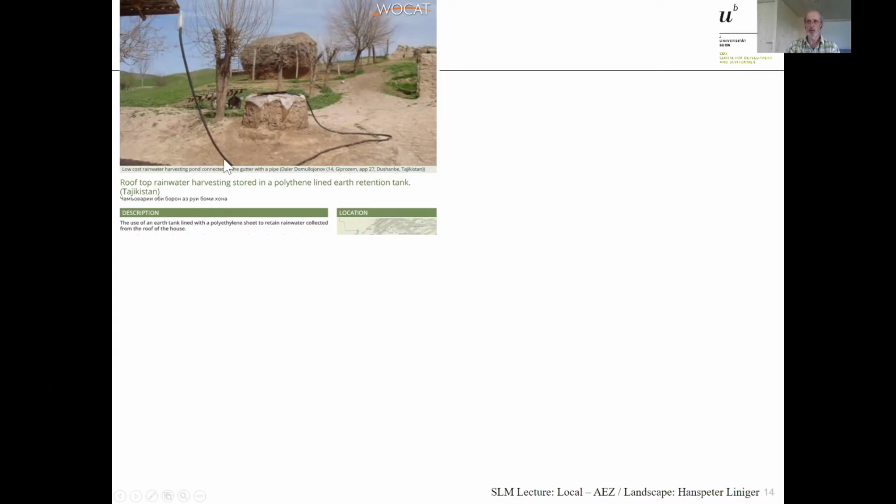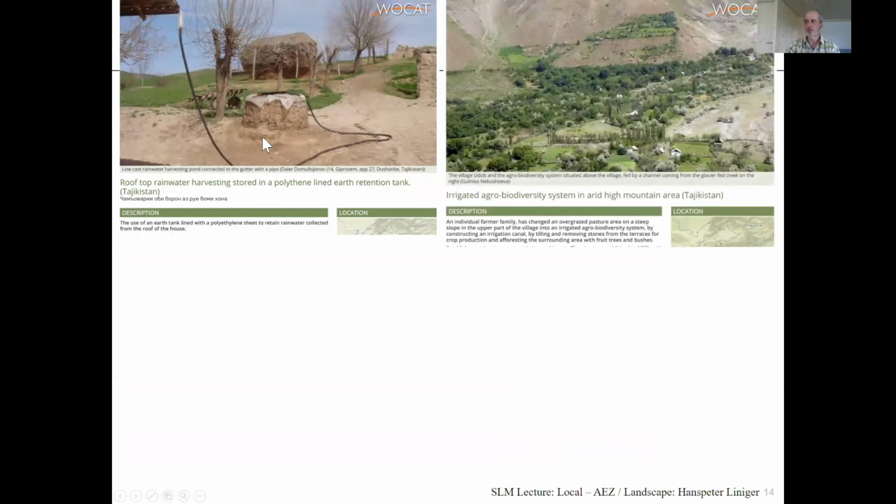You could also have home gardens that are next to the house that you would like to improve. Near village, you see very nice agroforestry, fruit tree gardens close to the homesteads that have a very high potential and are very intensively used, high productivity, very valuable crops.